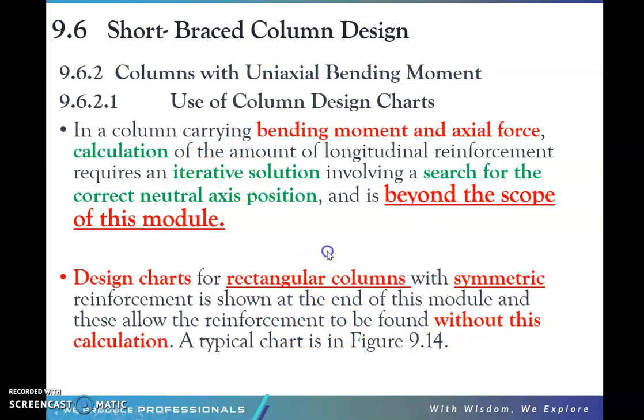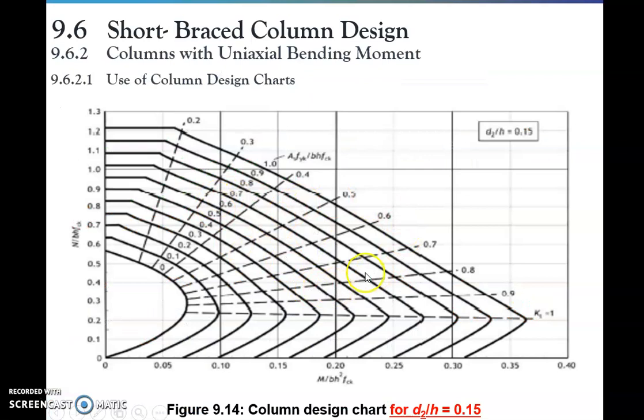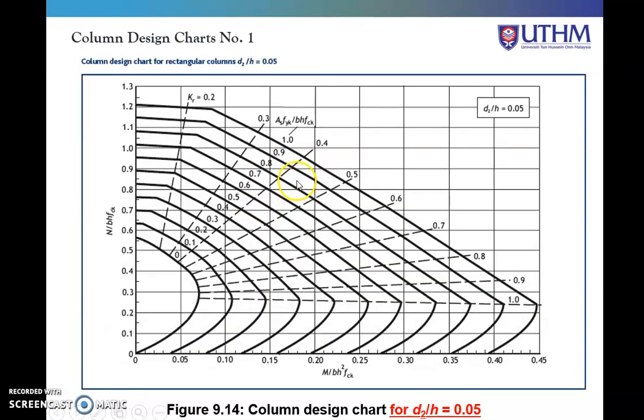Okay, so this is an example of the design chart. This is column design chart number 1, where D2 over H is 0.05.